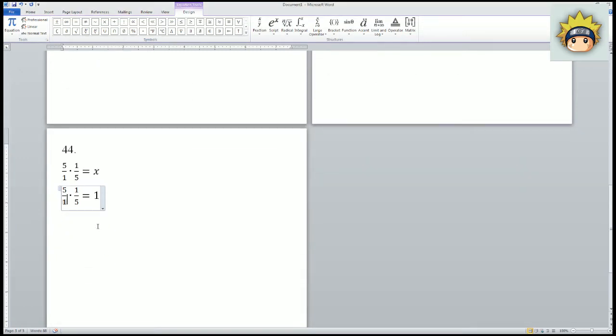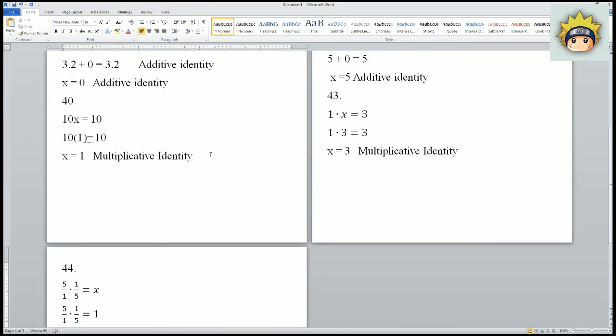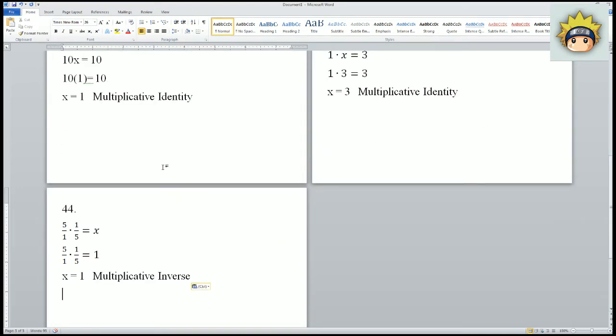When we make the value 1 by multiplication, we call that the multiplicative inverse, which is different from the multiplicative identity.